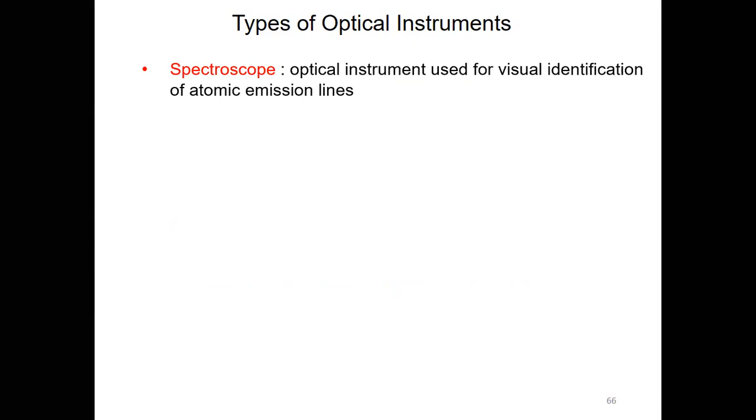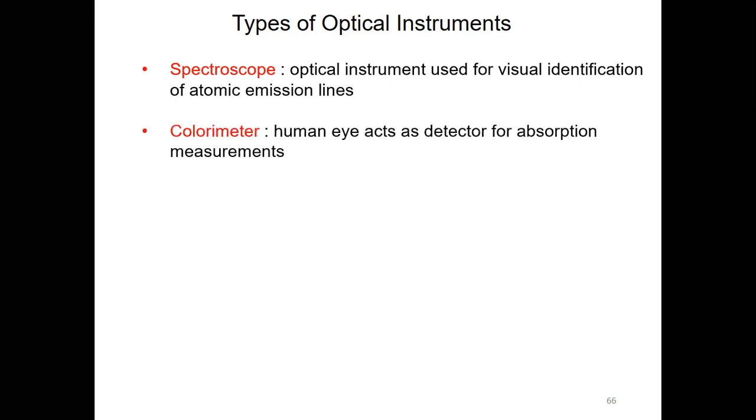So we visually detect the atomic emission light using a spectroscope. And the colorimeter. So you know this one, colorimeter. In the colorimeter, the human eye acts as the detector for absorption measurement. So we see the color, and in the colorimeter, normally the human eye acts as the detector. And photometer.